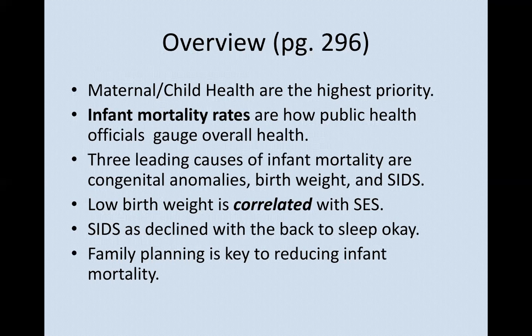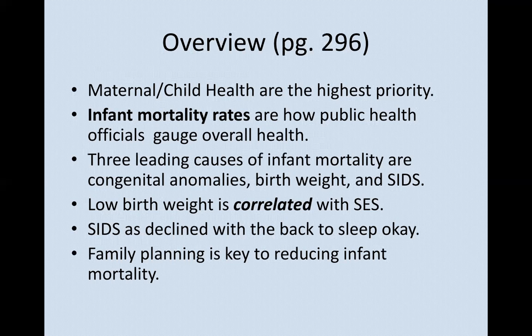And so congenital anomalies means genetic, they could be genetic birth defects or exposure to an infectious agent that causes an anomaly. So teratogens would be those. So 3 leading causes of infant mortality are these 3 things, okay?